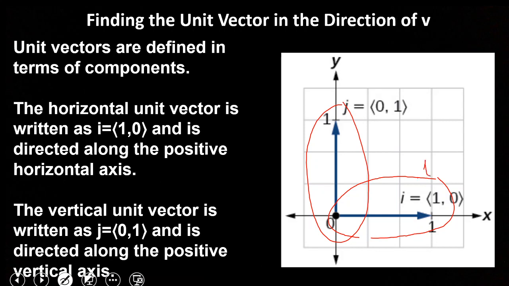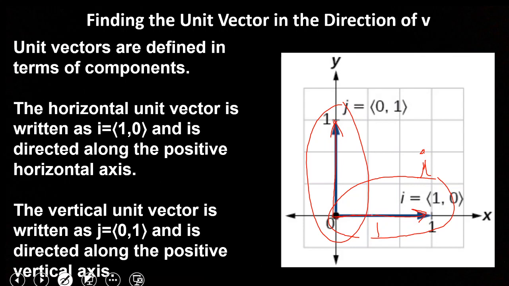This one is called i, not the i from complex numbers. And then j is this vector right here that is in the direction of the positive y-axis. So i is in the direction of the positive x-axis, and its length is 1 unit. I know it looks like 3 squares, but we assume this is number 1.